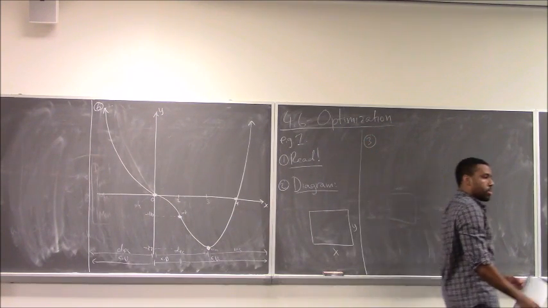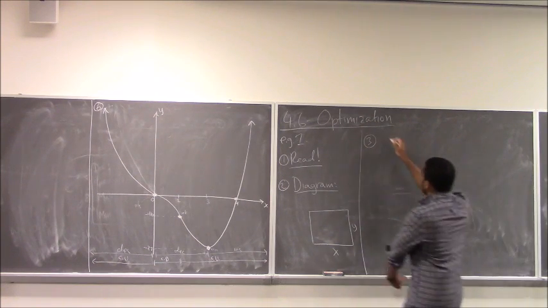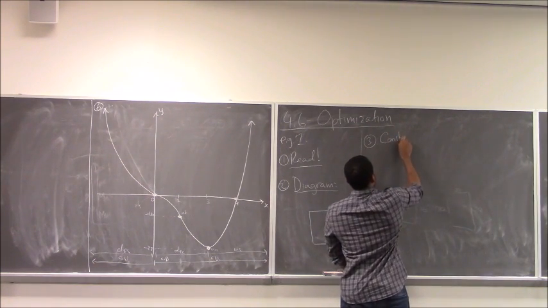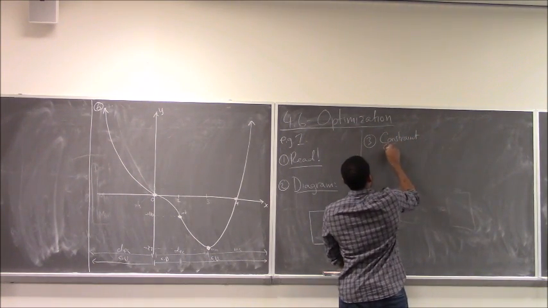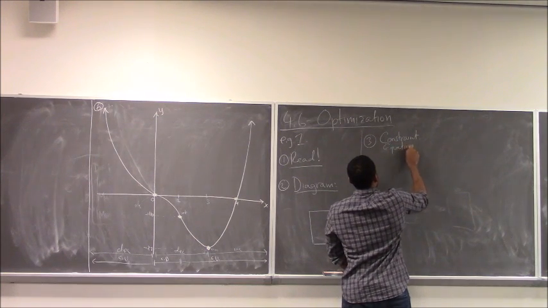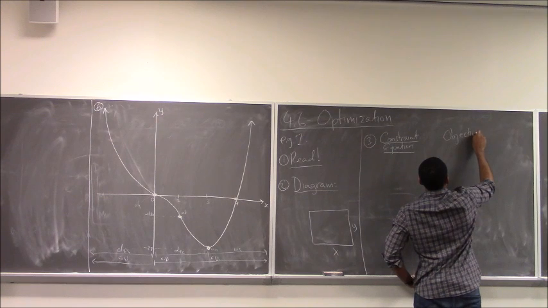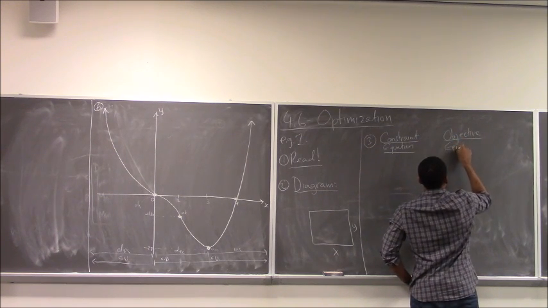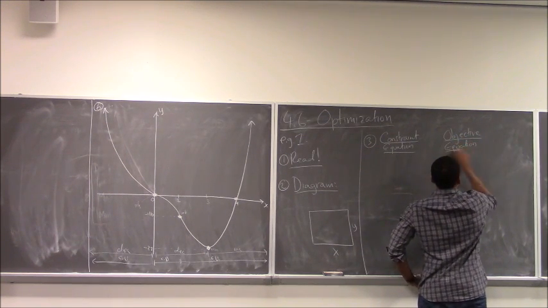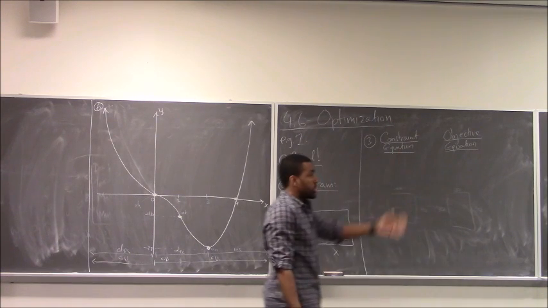Now in the third step, we're going to set up 2 equations. There's a constraint and the objective. So the constraint describes your restriction.